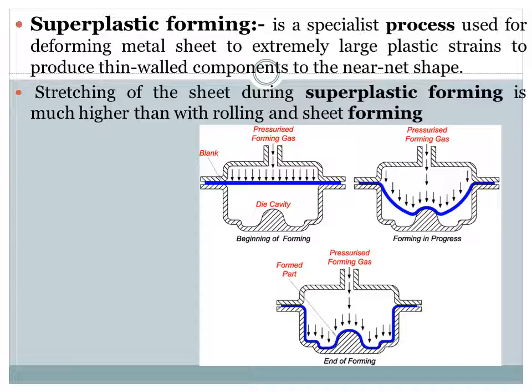The final shape in one pass is obtained in superplastic forming, and this is comparatively a faster process, and large deformation is happening, and that is why it is applied at a high temperature.